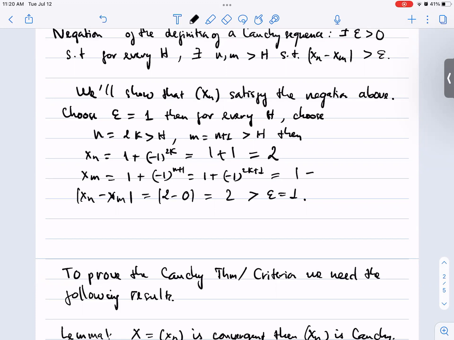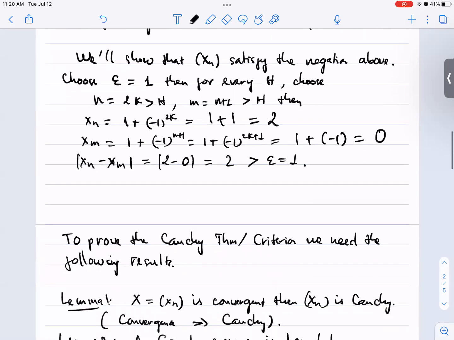So this is 1 plus -1, which equals 0. Consequently, the difference x_n minus x_m is equal to 2 minus 0, which is 2 in absolute value, and this is always greater than epsilon, which is chosen to be equal to 1.